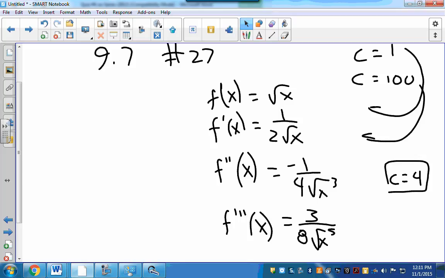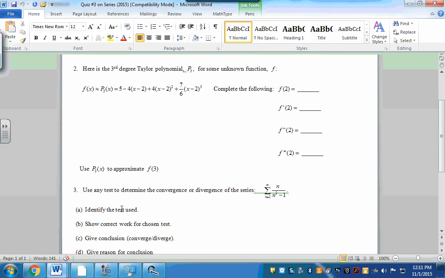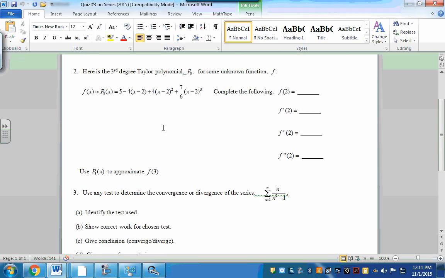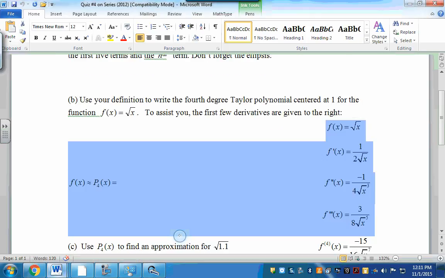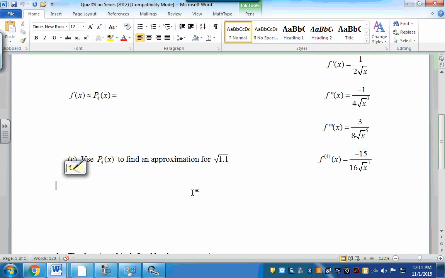So once you get the polynomial, you'll be able to do an approximation. I think if we looked at our quizzes, there was an approximation in this problem, but that was a rather obscure function. So I think quiz 4 had a nice square root. Yeah, and I asked you to approximate the square root of 1.1, so you'd be putting 1.1 in.